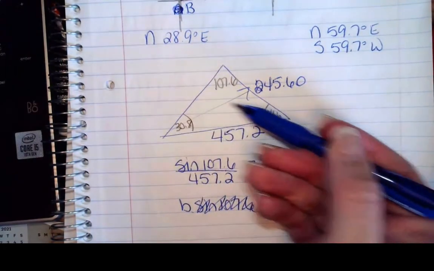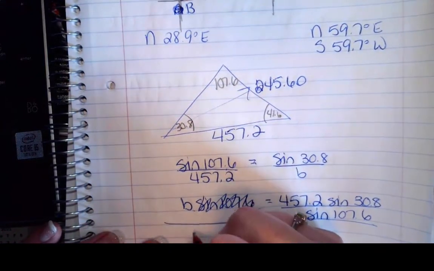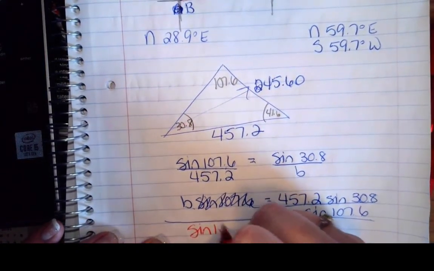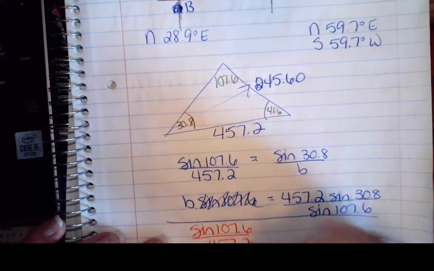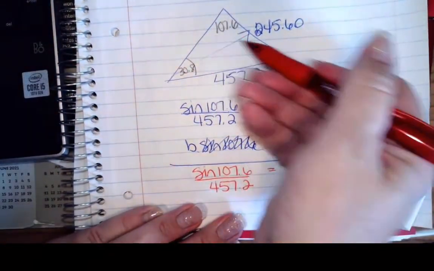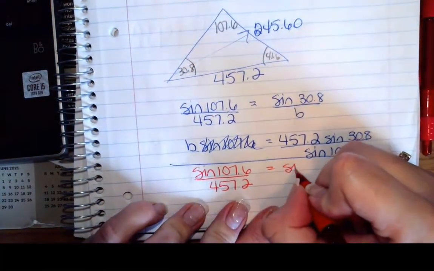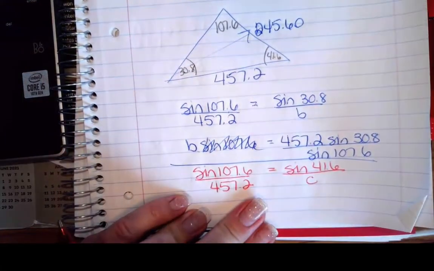Now go back up to your original ratio, and we're going to find this way. So I now have the sine of 107.6 over 457.2 will equal the sine of 41.6 over that other side.